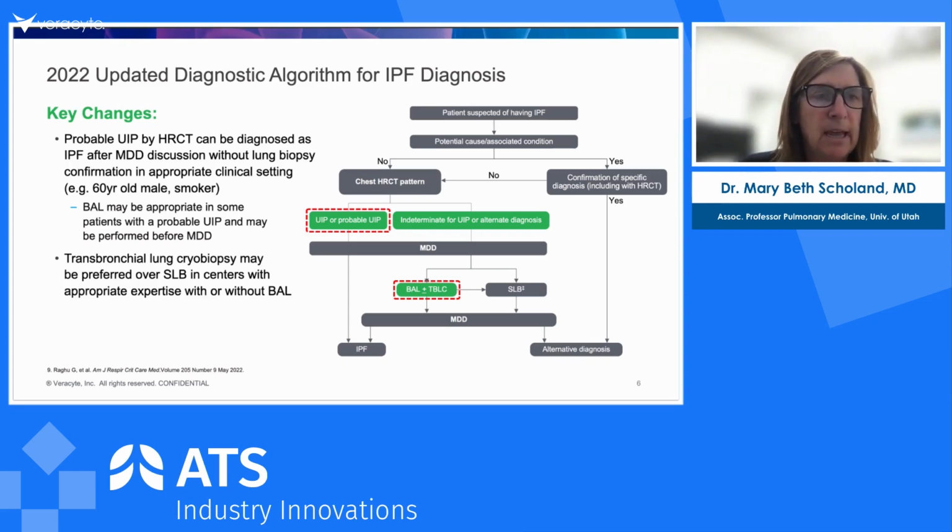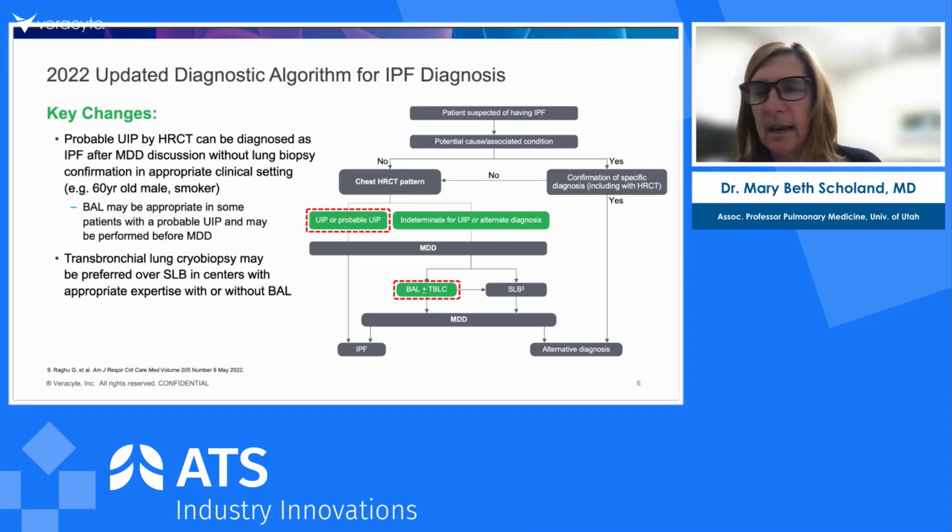The first of which is that although we've been talking about this for a while, it's officially now in the guidelines that the idea of having probable UIP on a high resolution CT scan, if we take that probable UIP reading, bringing it to a multidisciplinary discussion and understand the appropriate clinical setting, say a 60-year-old plus man, former smoker with no known other risk factors, we can make a confident diagnosis of IPF without pursuing a lung biopsy.